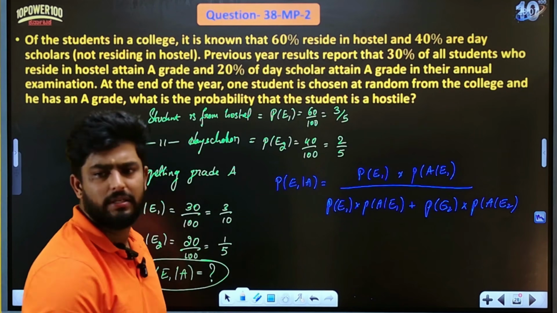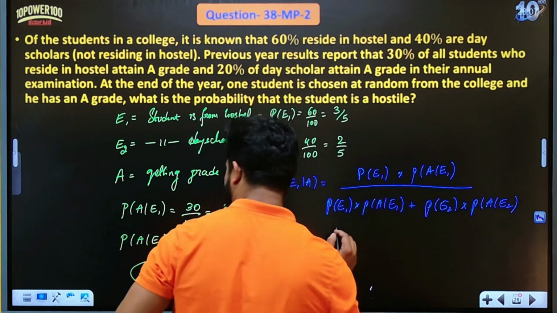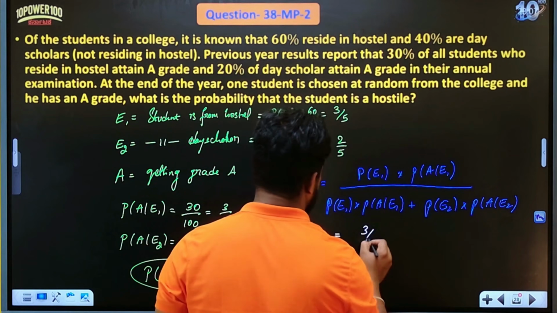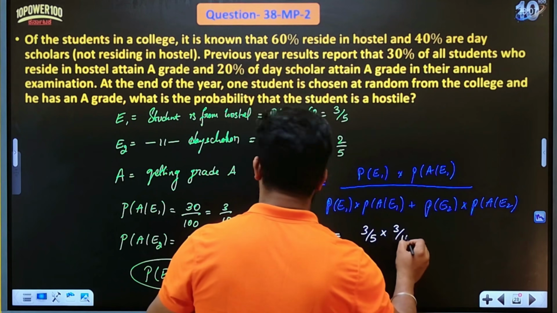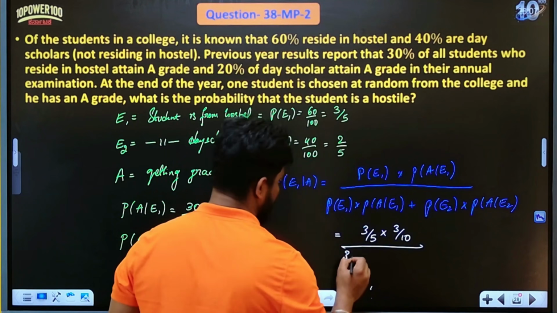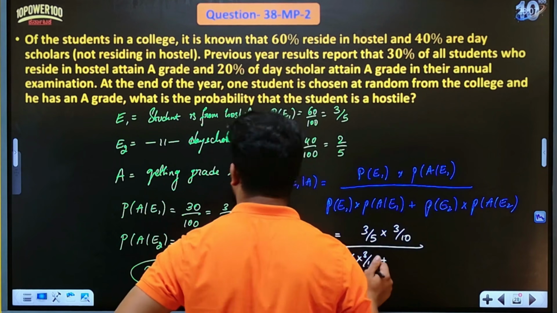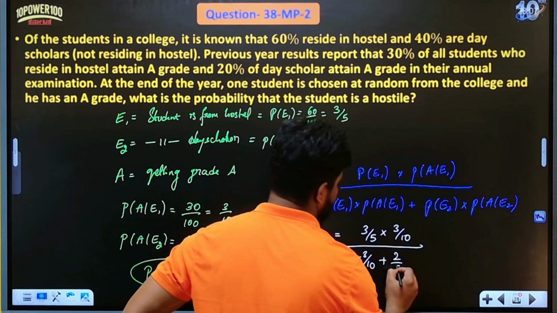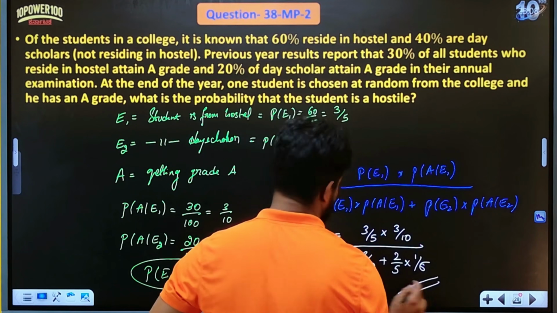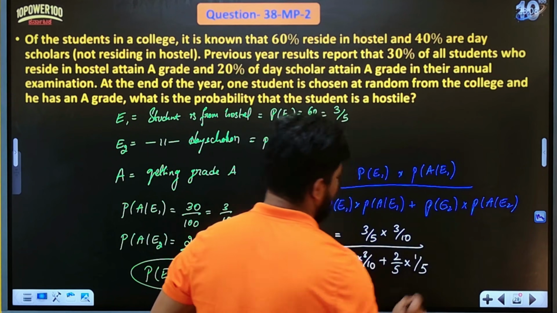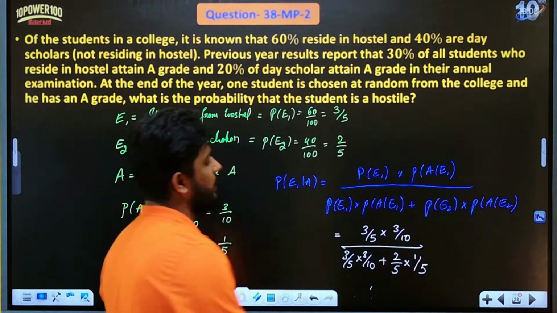Do you want me to teach the calculation? If you want, I'll do it once again. So P of E1 is how much? It is 3/5 into 3/10, divided by 3/5 into 3/10 plus P of E2, it is 2/5, right? So 2/5 into A given E2 is 1/5. So just calculate this, children. From this it's very simple, so I'll just leave it here. I'll move on to the next one.